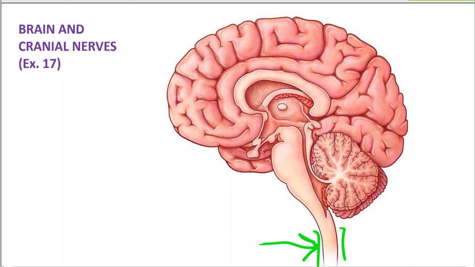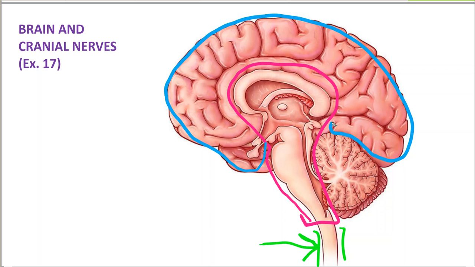And then your brain stem is pretty much all of this stuff in here that I just outlined in the pinky purple color. That's brainstem. And then your cerebrum is all of the part up here that pretty much is what we think of when we think of the weird wiggly parts of our brain.